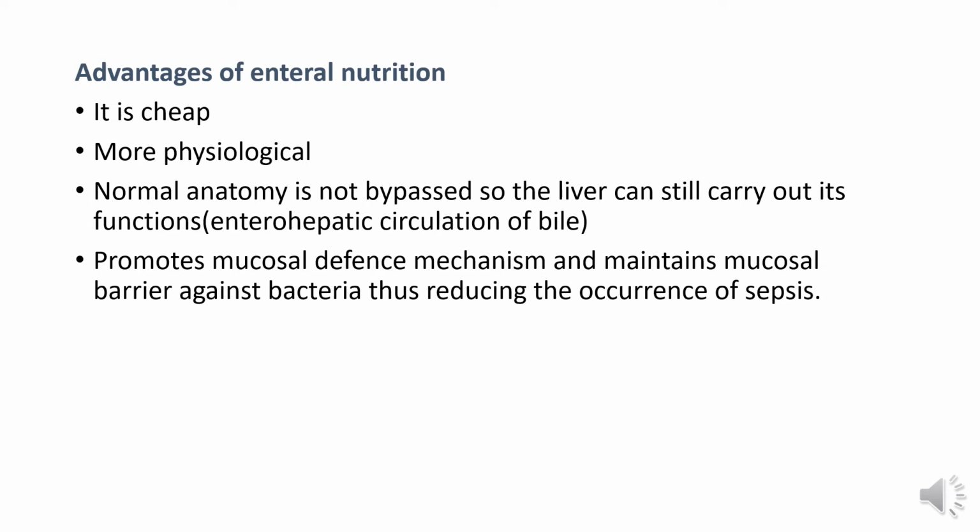So if enteral nutrition is impaired, the mucosa of the GIT does not get that nutrition. With time it undergoes atrophy, the integrity of the mucosa is lost, and bacteria can translocate through that lost integrity into the system and cause sepsis.